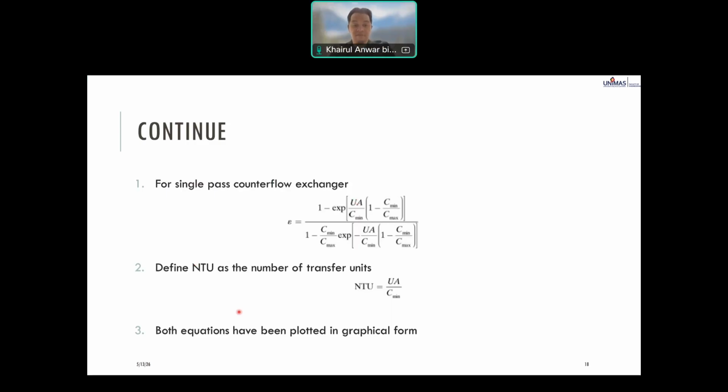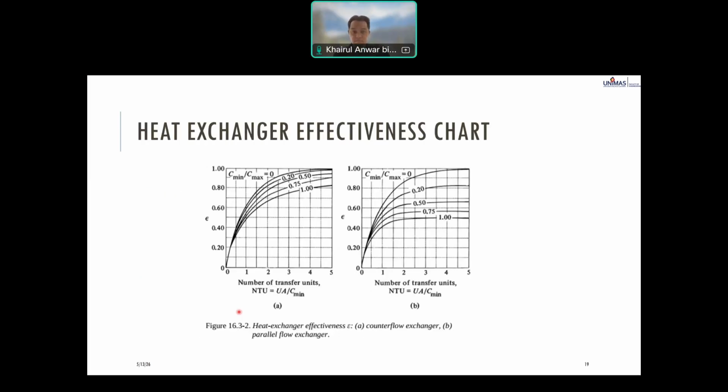Both equations have been plotted in graphical form. So we calculate NTU and calculate Cmin over Cmax to identify the value of epsilon. This is for the counterflow, and this is for the parallel flow exchanger.